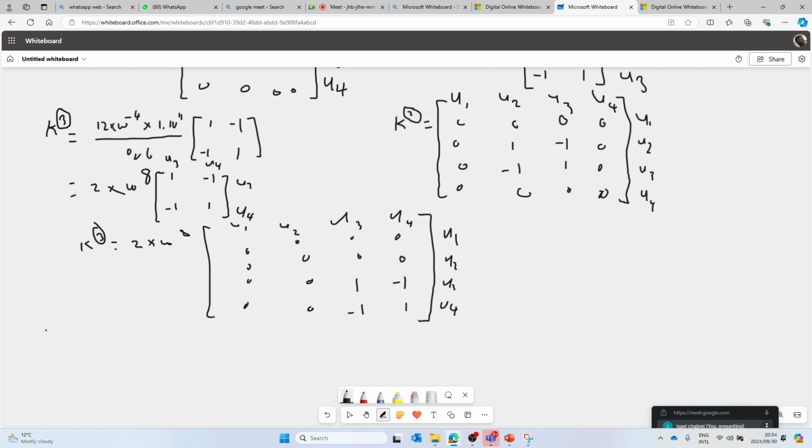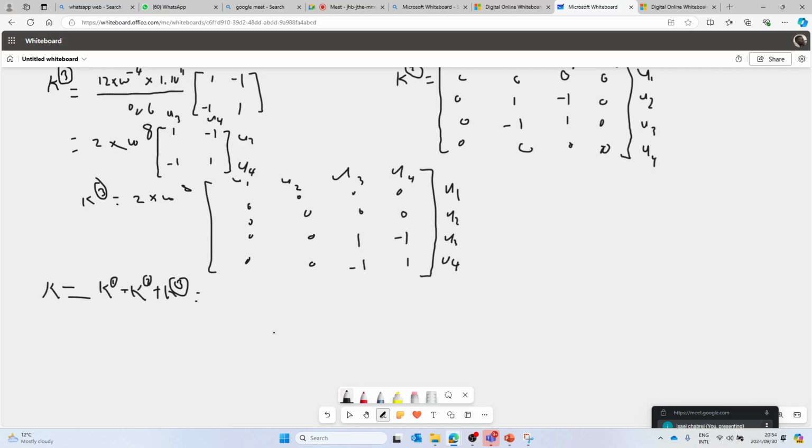Now, what is the global stiffness K? The global stiffness K is simply the sum of K1, K2, K3. That is the sum of it. That's the global. So what is that sum? It is 2 times 10 to the 8.